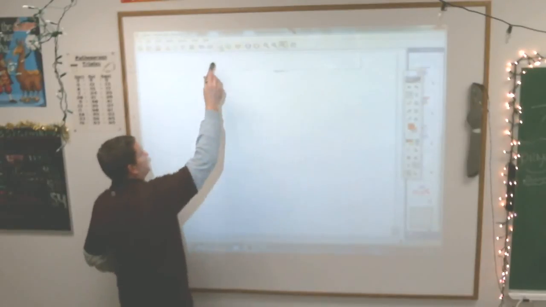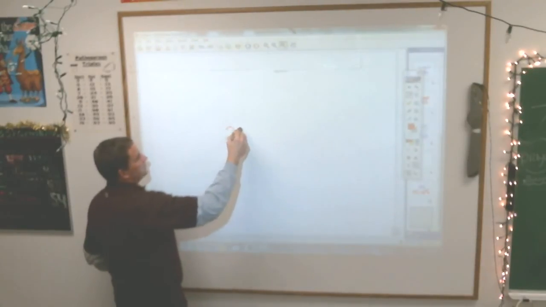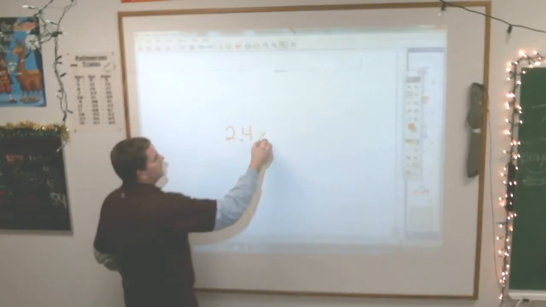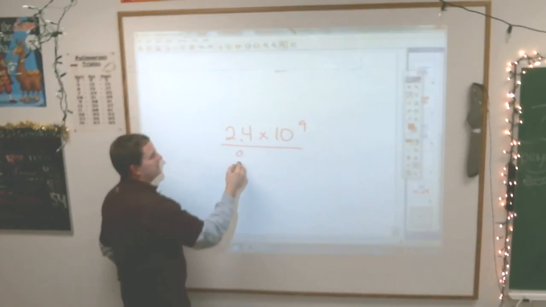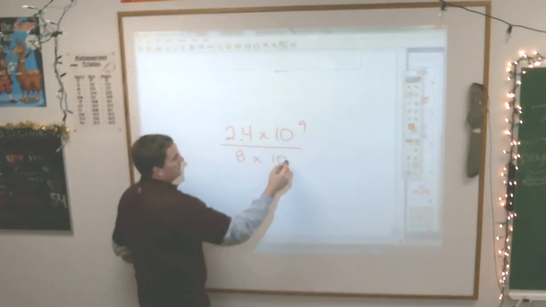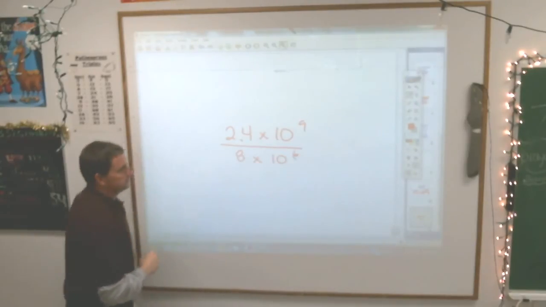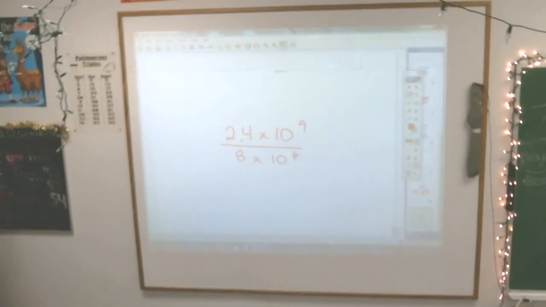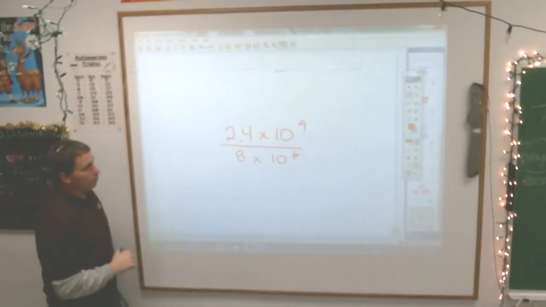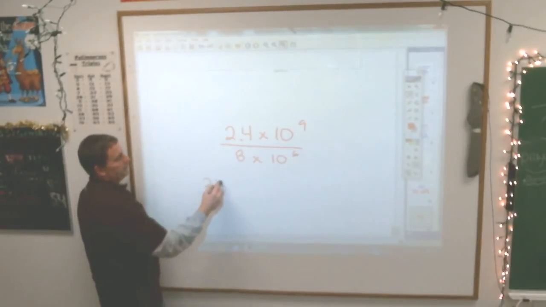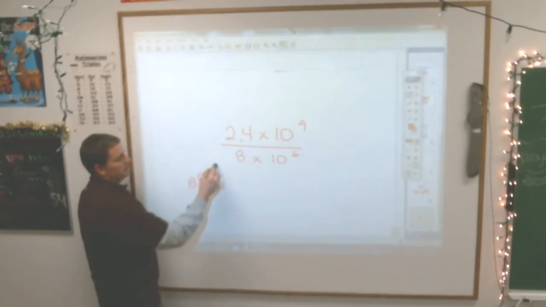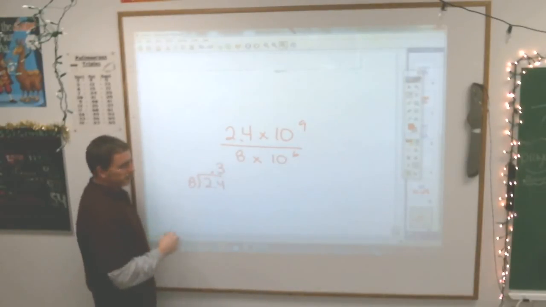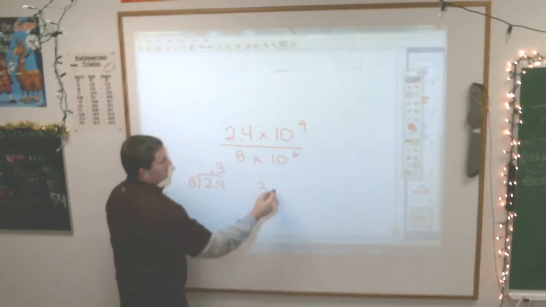Let me give you one that's actually relatively easy here. What about this one? 2.4 times 10 to the 9th power over 8 times 10 to the 6th power. What do I get if I take 2.4 and divide it by 8? 0.3, is that right? Times 10.